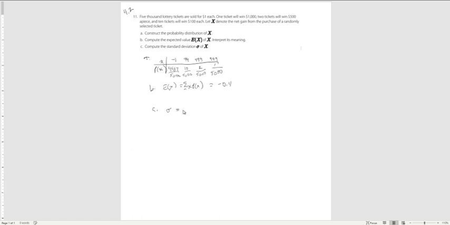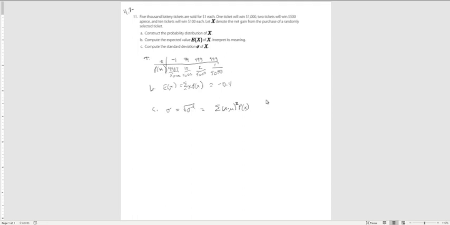The standard deviation is going to be the square root of the variance. Here we have our equation for the variance: the sum of (x minus mu) squared times the probability of x. That's a 2, it almost looks like a 3, doesn't it? So squared.